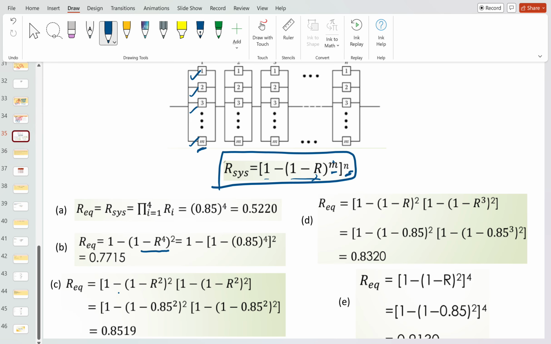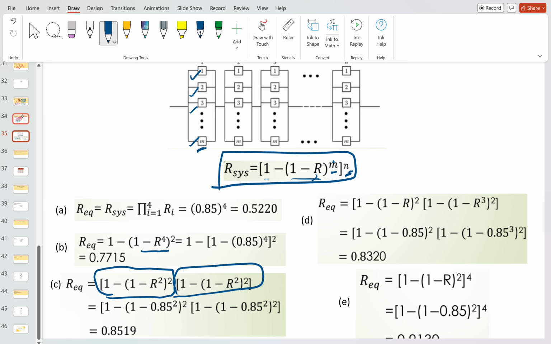Here also we have multiplied. Getting my point? Multiplication decreases the reliability because the two are in series, and the same two series systems are in parallel. You just have to multiply.